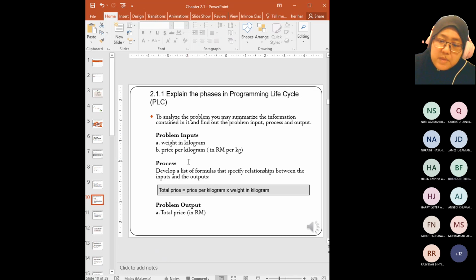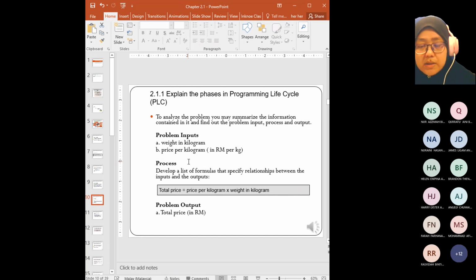Tapi in RM, ringgit Malaysia. So setiap 1 kilo tu berapa ringgit? Itu yang kita nak tahu. So 2 types of input. Kalau input biasanya kita minta dari user. So user kena masukkan berapa kilo dan berapa ringgit yang kita nak setkan. So you want to set how many ringgit for each kilo.